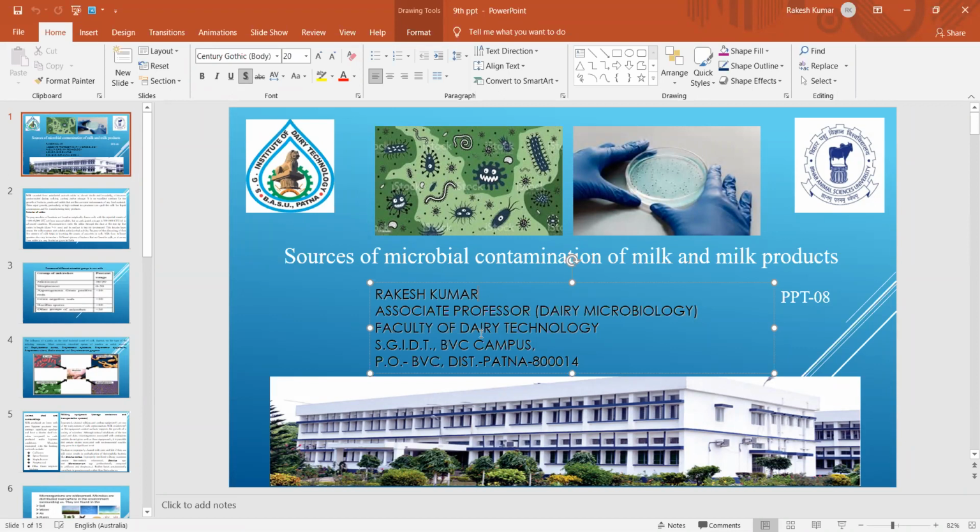Membrane filtration is there, sand filtration is there. There are a number of different types of membranes used in the dairy industry having different pore sizes, depending upon the type of microorganism present in your environment. You have to choose a particular type of membrane.